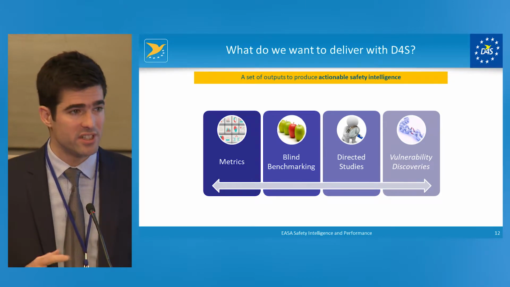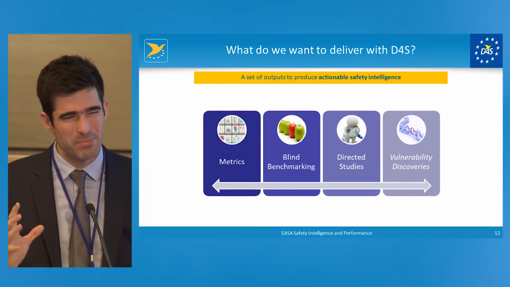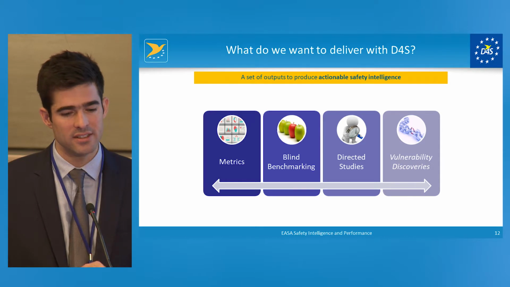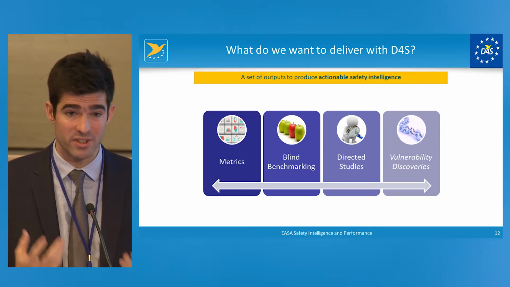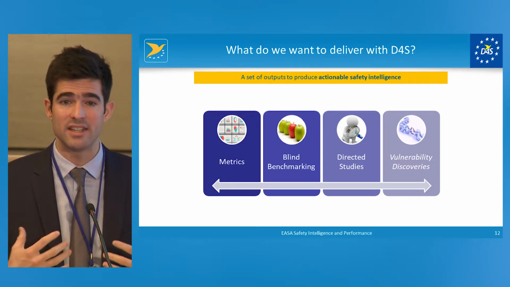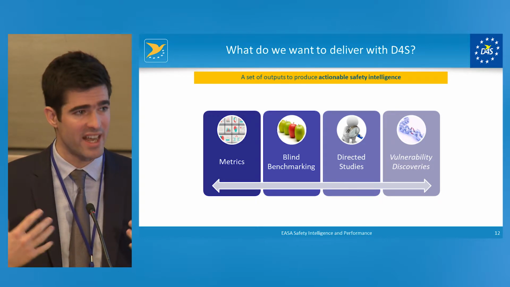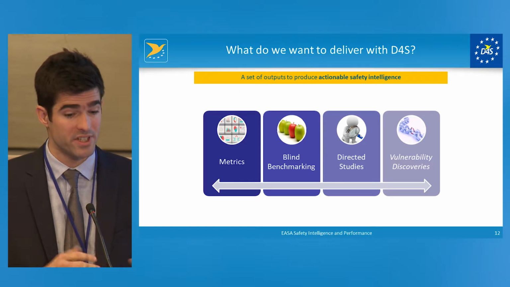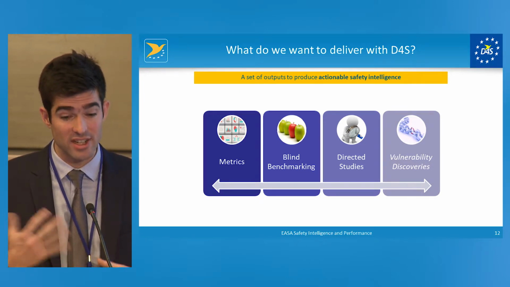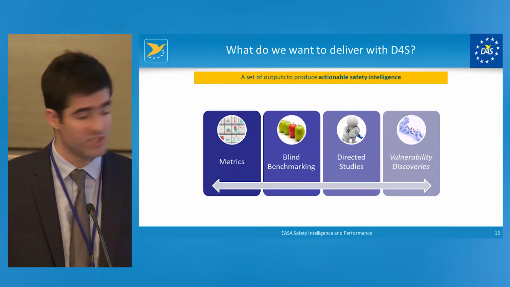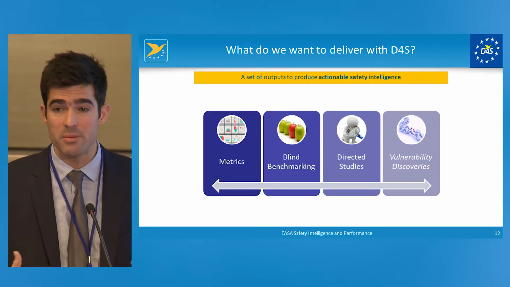The third category, directed study, is really the deep dive analysis with an objective to understand as much as possible a given safety issue, model it, understand how it develops in our system, how we are exposed to this safety issue. So this is the very detailed supervised analysis. And the last category, which is the ultimate objective of such a program, is called vulnerability discoveries.